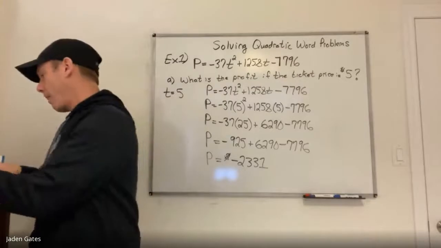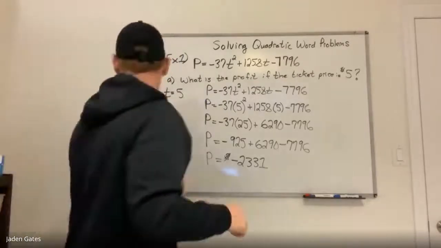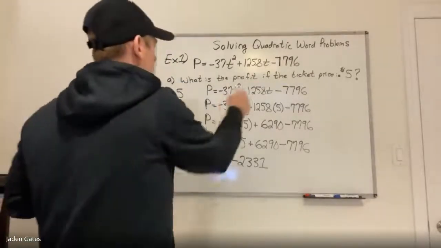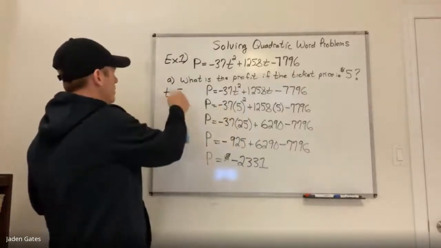All right, so now I get to B, where we actually want to turn a profit. So we know we can't turn a profit with $5.